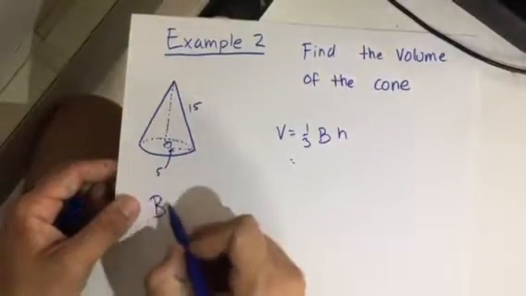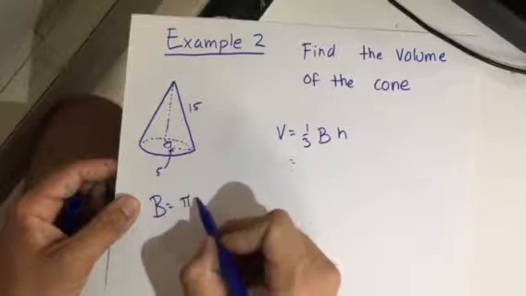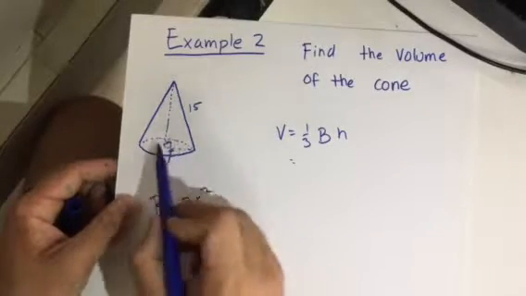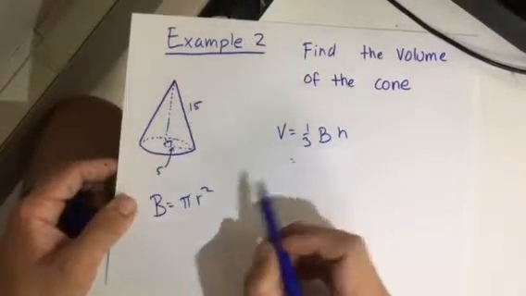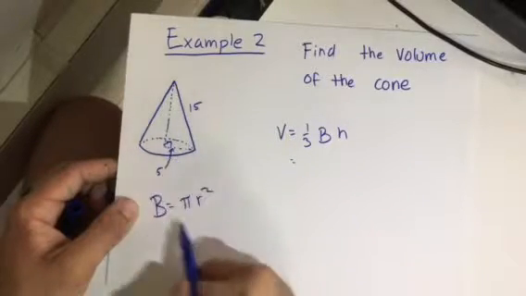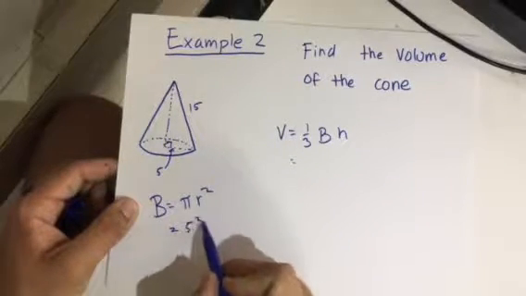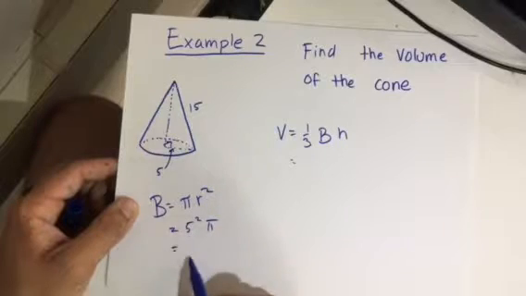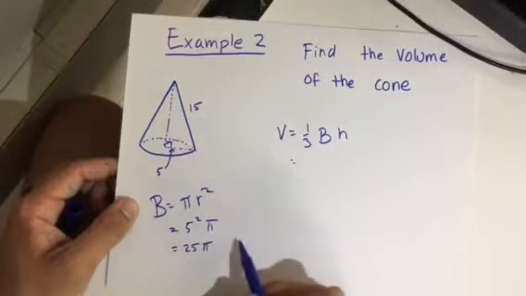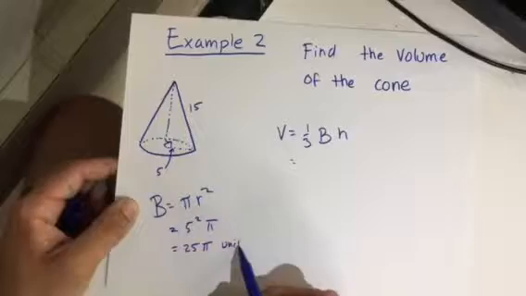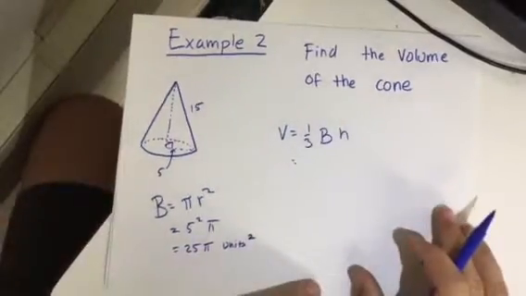Remember, our base area is pi r squared because our base is a circle. Our radius is 5, so 5 squared pi, or 25 pi units squared.